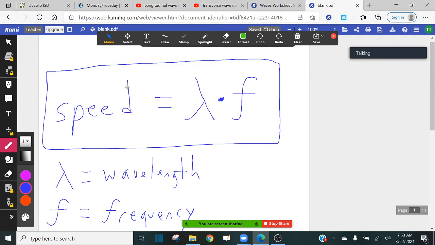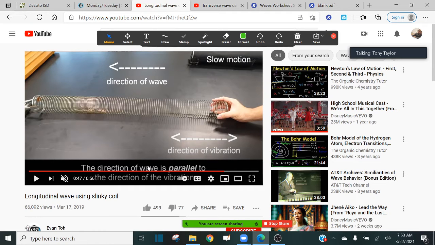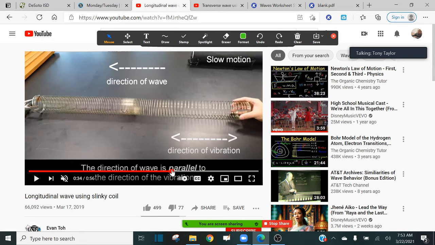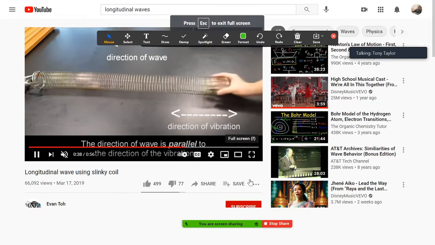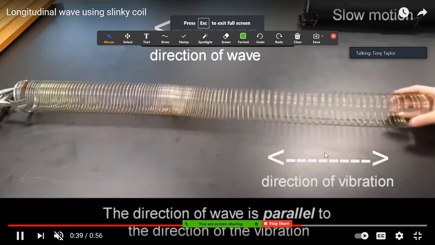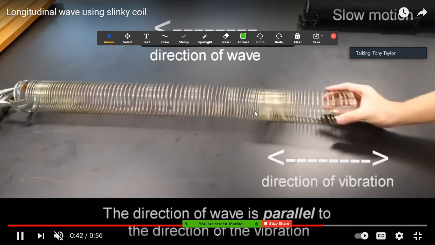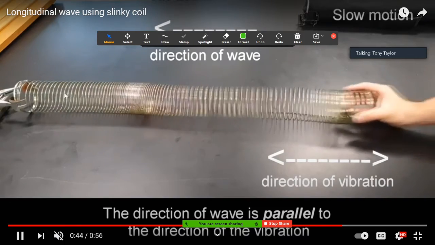I want y'all to understand what I mean when I say the speed of a wave. If you look at this transverse wave, there's a pulse that starts here and goes all the way over here.